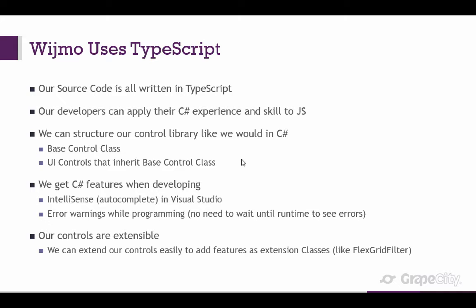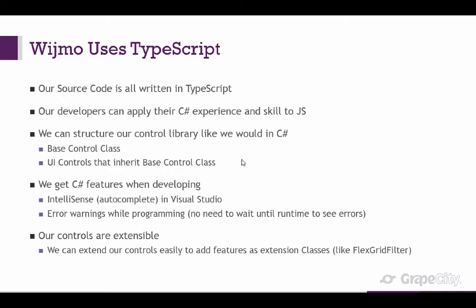Some more nice features we get are IntelliSense or auto-completion in Visual Studio. So as we're developing, we get autocomplete for working with our components. We also get errors and warnings when programming, so we can see runtime errors before we even get to runtime. So we can see if there's a type mismatch or a casting problem, or we're passing in the wrong argument, or assigning the wrong value to a property.